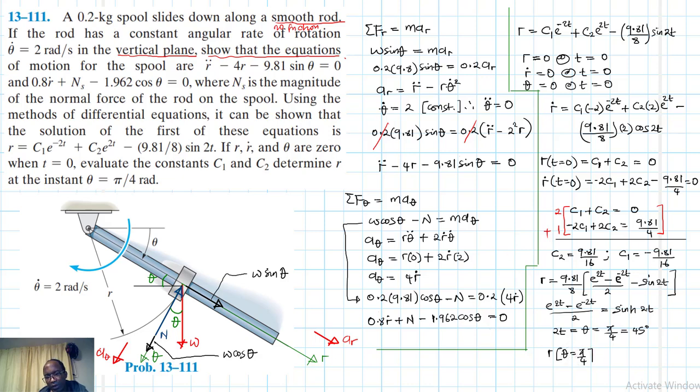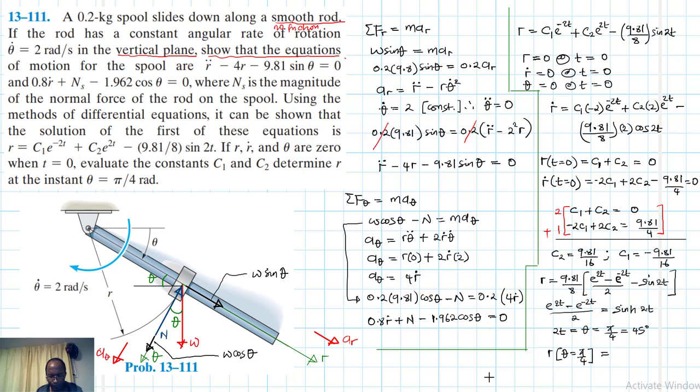Therefore my r at theta equal to pi over 4 will just be equal to, grab your calculator, that is hyperbolic functions. Where is my e?